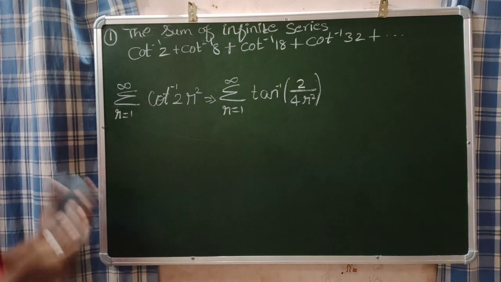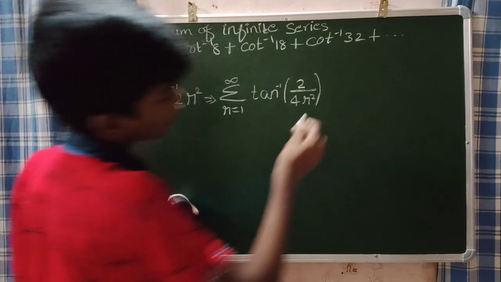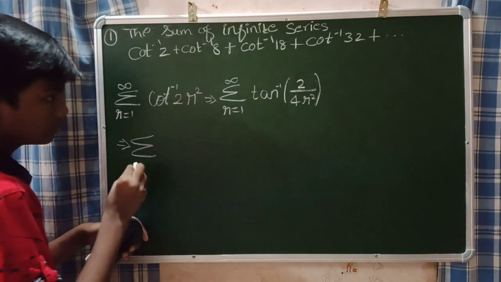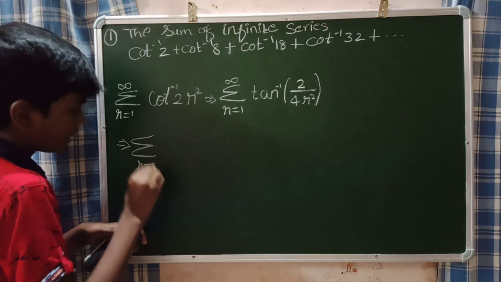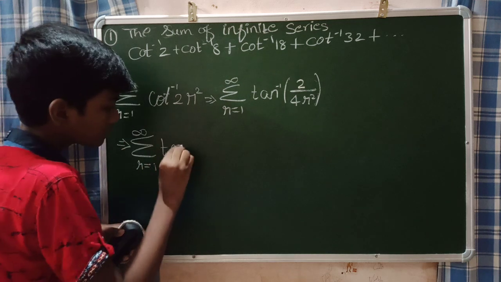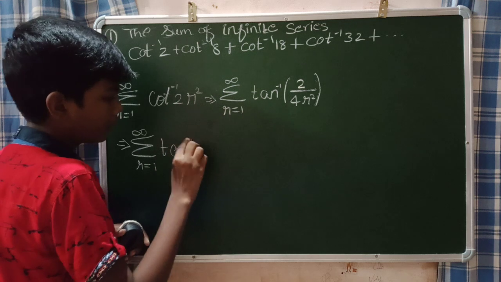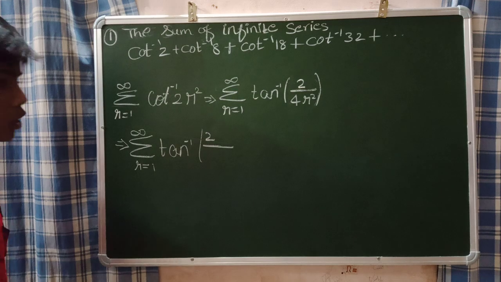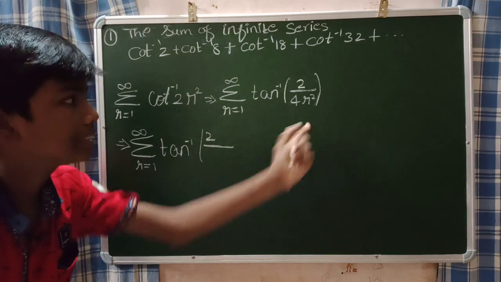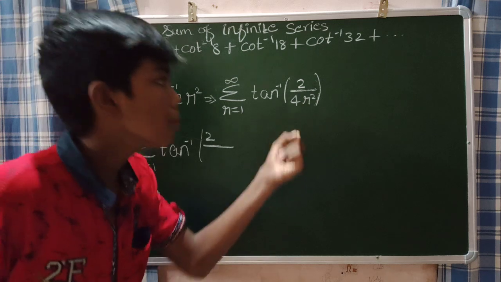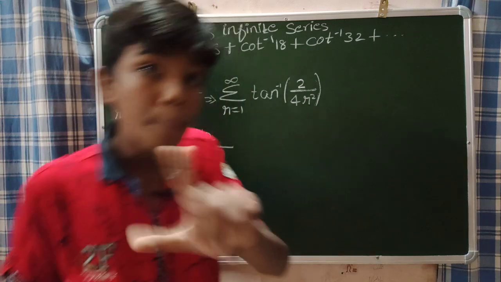Now, guys, I will write here: summation from r equal to 1 to infinity of tan inverse of 2 divided by 4r square. In the denominator, I'm going to add 1 and subtract 1.